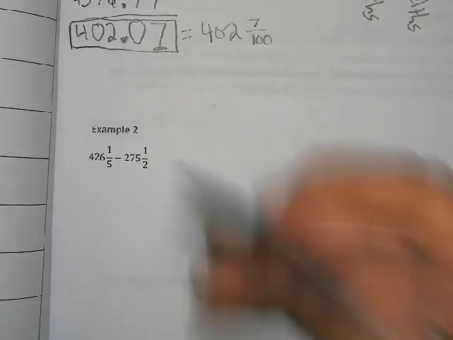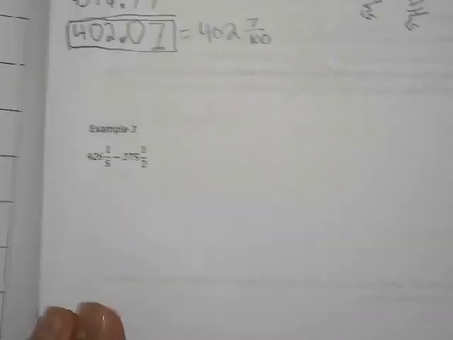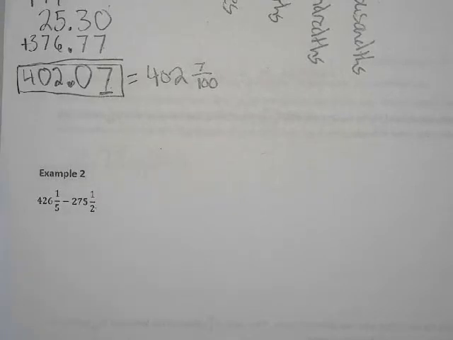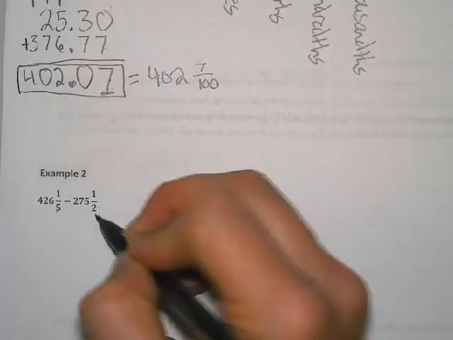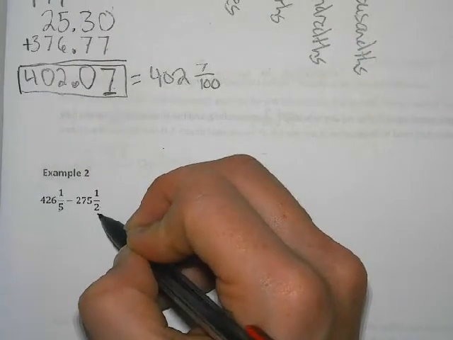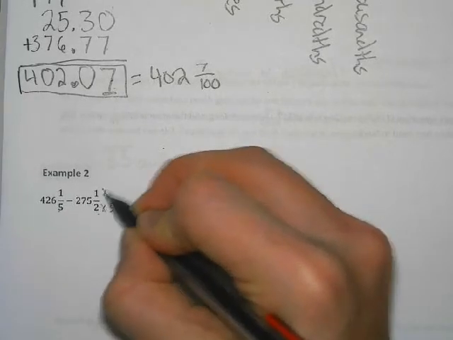Down here we have another example, but the issue here is that we have a 5 and a 2. Neither of those are in the place values, but you can create equivalent fractions to solve them using place value. So 5 and 10, their least common multiple is 10. So I could take my 2 times 5 and my 1 times 5.